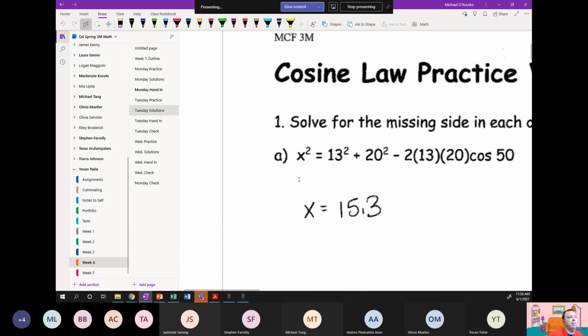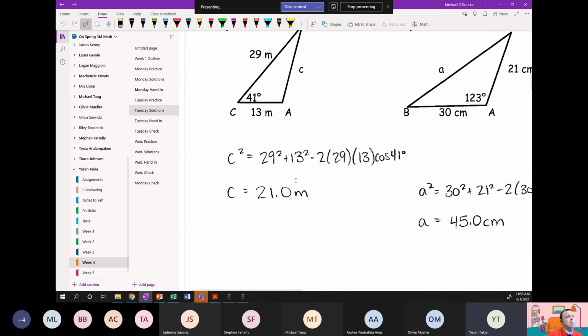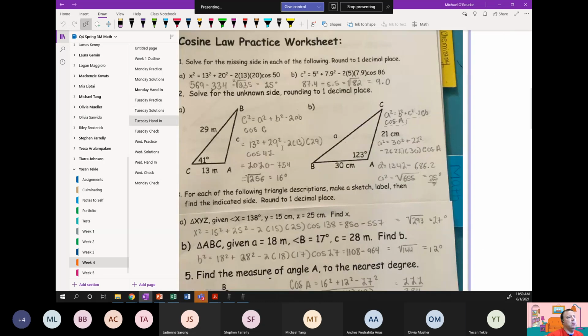What's the solution say? 29, 13, 15, 41. Let me do the calculations. Okay. Set up right. That's right.